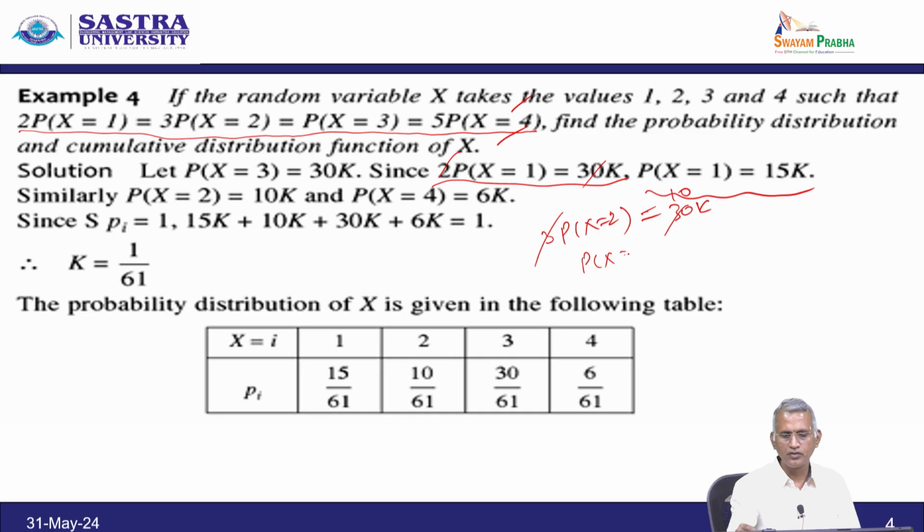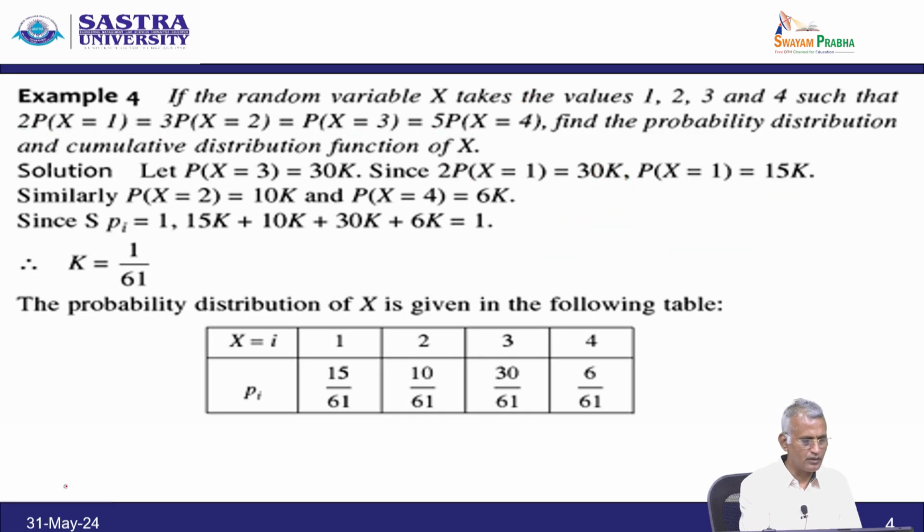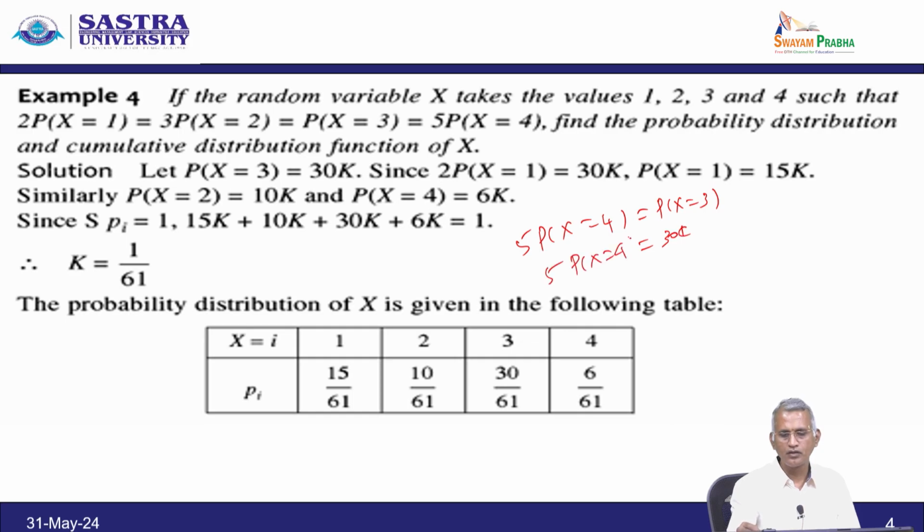Therefore, P(X=2) equals 10k. Similarly, for P(X=4), 5 into P(X=4) equals what? P(X=3) is 30k, therefore 5 into P(X=4) is 30, so 6k will come. So P(X=4) equals 6k, therefore this value arrived.